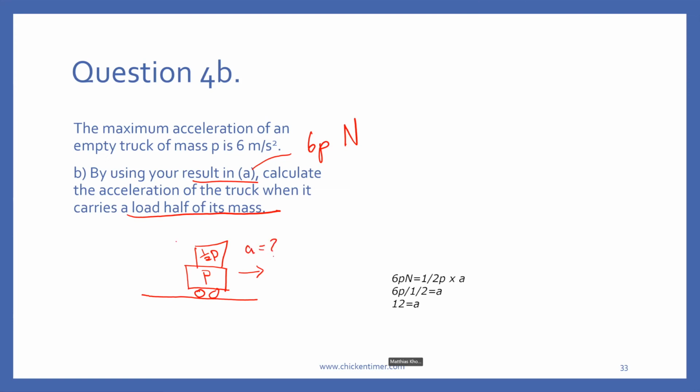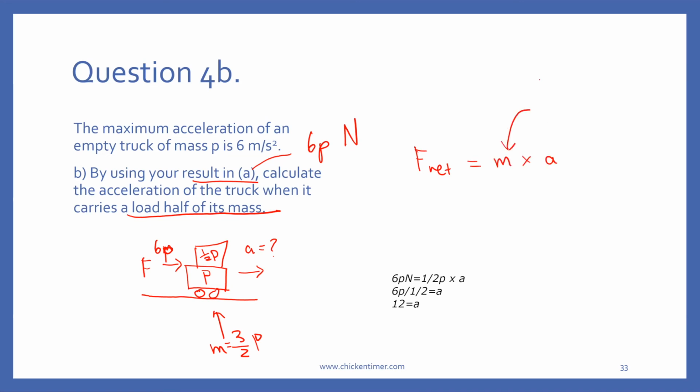So the force on the engine is 6P. The total mass right now is 3/2 P. So then you do resultant force equals to mass times acceleration.